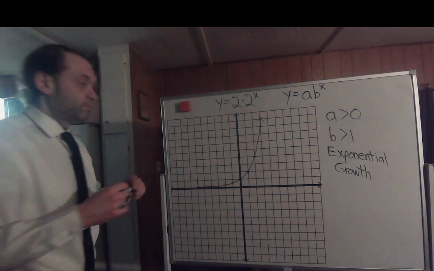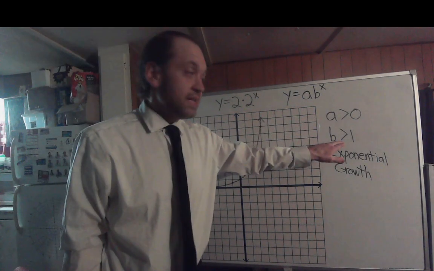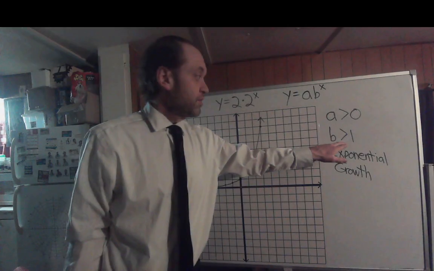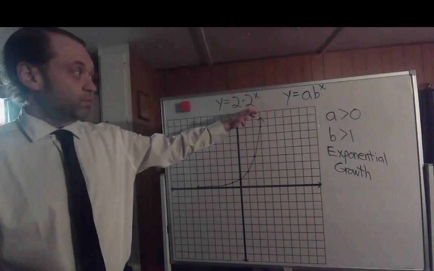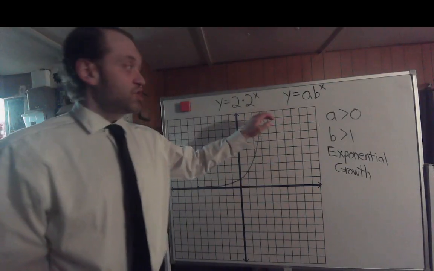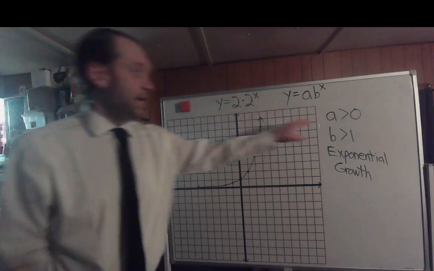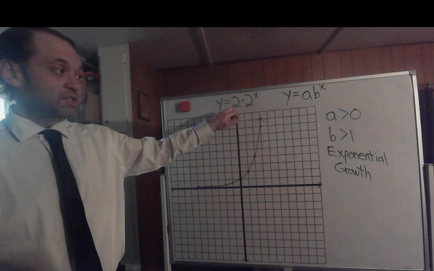So when your base itself, that b, is greater than 1, for example, like the 2 to the x, right? 2 is greater than 1, and then you have the stretching or shrinking factor, a, which is greater than 0. You have a 2 here for that. It's definitely greater than 0.